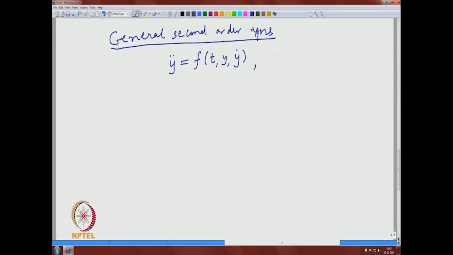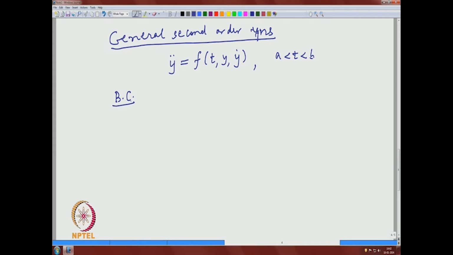Again, this is in the interval a less than t less than b, and now I take general linear boundary conditions. I am not able to do much with general boundary conditions. We consider boundary conditions, BC.